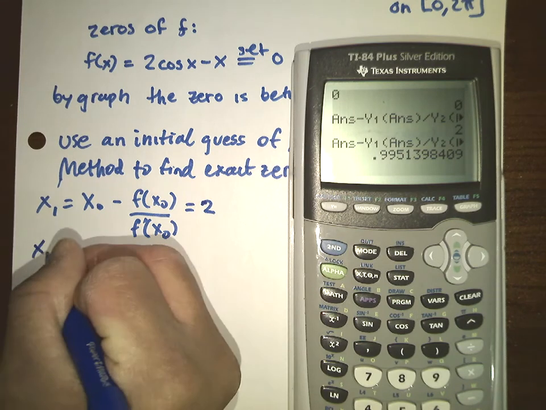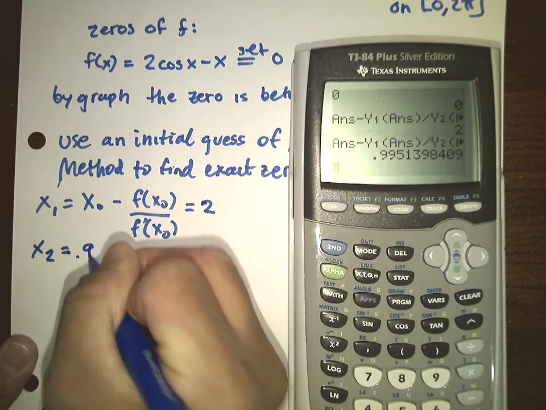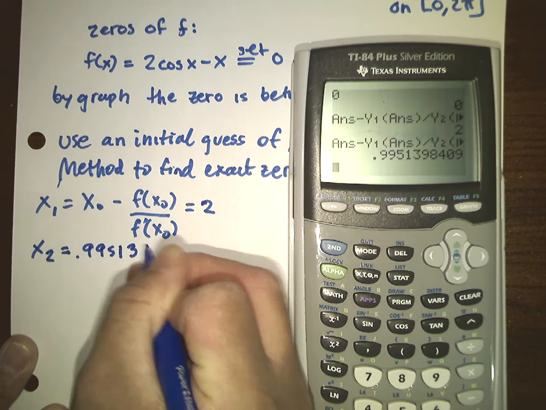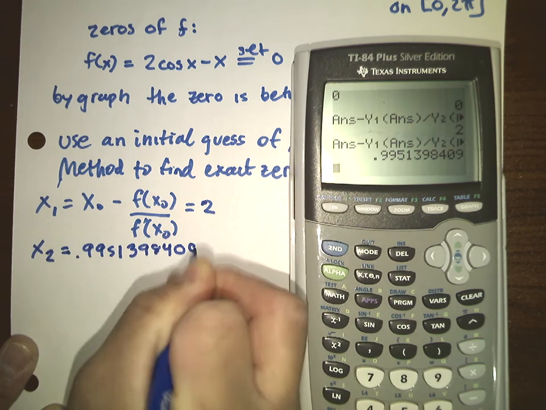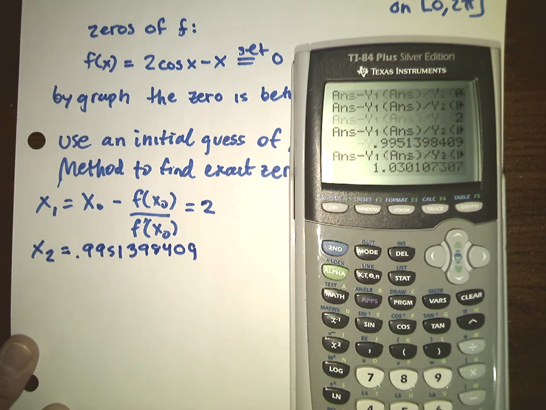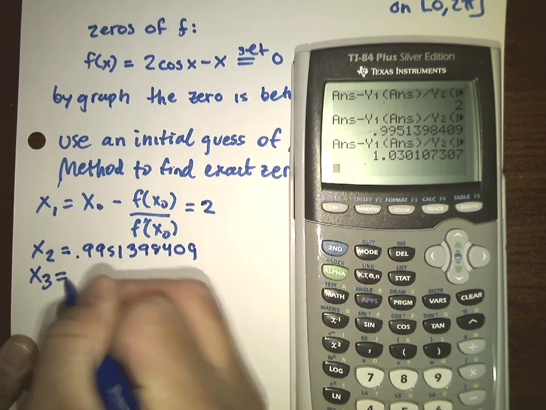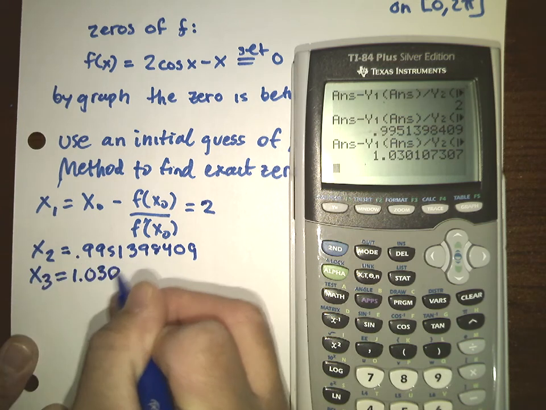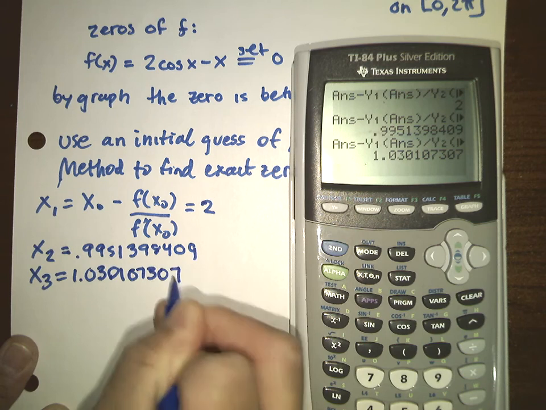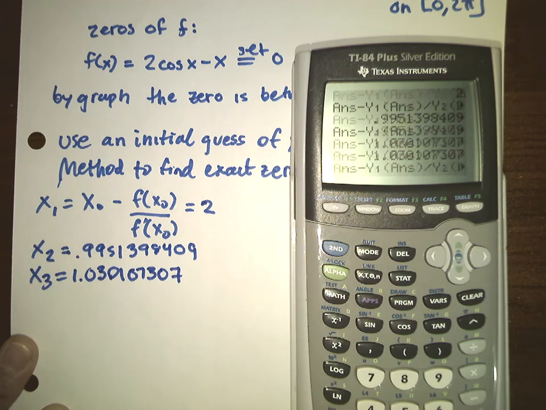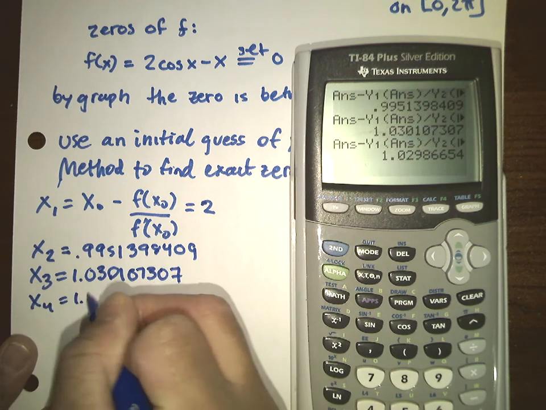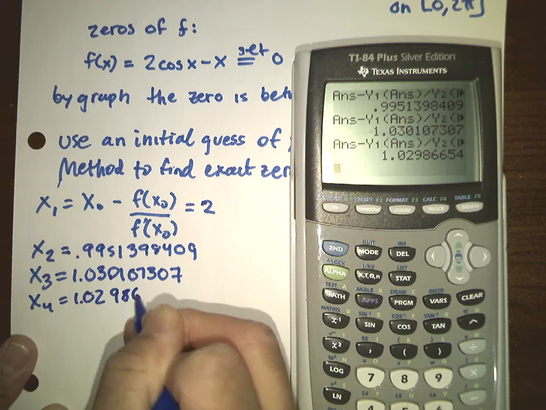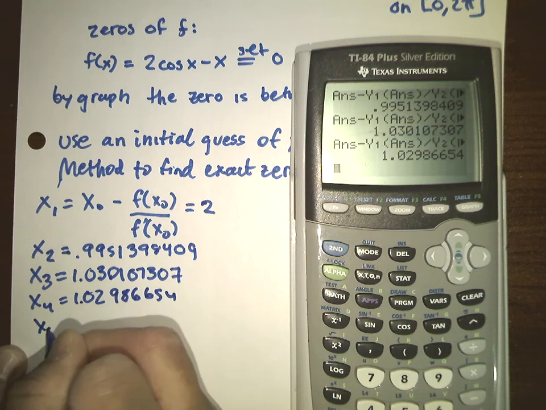0.9951398409. So x2 will be 0.9951398409. And then we'll do this again, and x3 will be 1.030107307. And we'll do that again, and x4 will be 1.02986654.